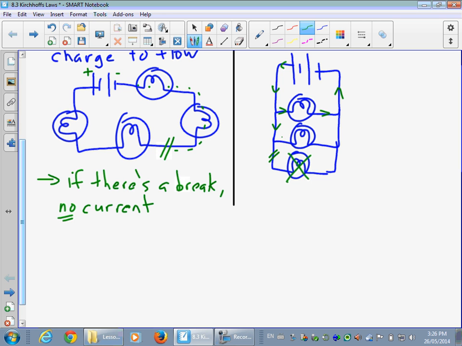Or it could go through this branch of the parallel circuit. We call each loop of a parallel circuit a branch. So the current may flow even if there's a break.